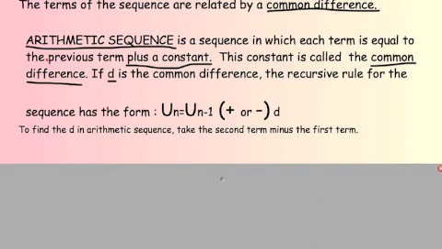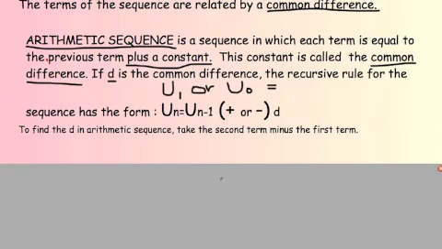All right? So here's what we have. The recursive rule for the sequence, specifically an arithmetic sequence, has this form. u1 or u sub 0. Okay, we will talk about when we use u sub 0. But we need a starting value, all right? So u1 or u sub 0 is our starting value. And then the formula is u_n equals u_(n-1), either adding or subtracting.